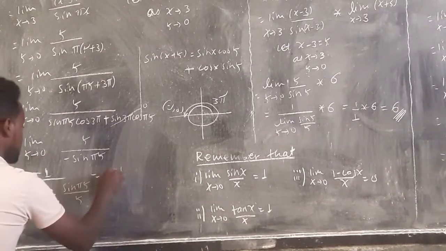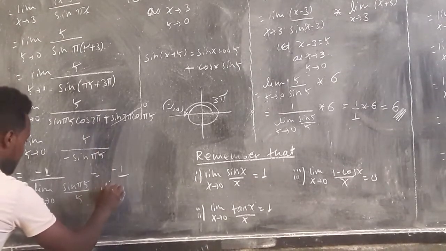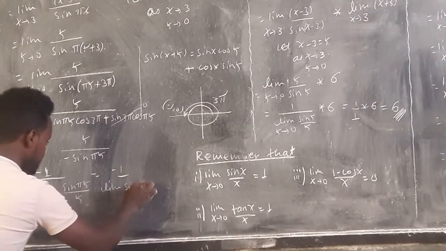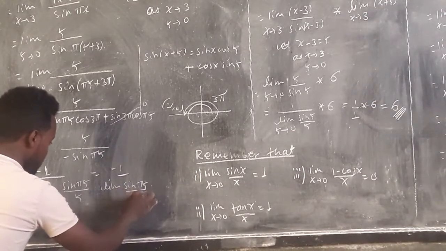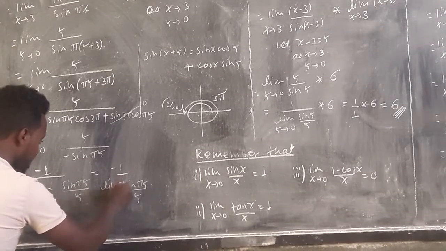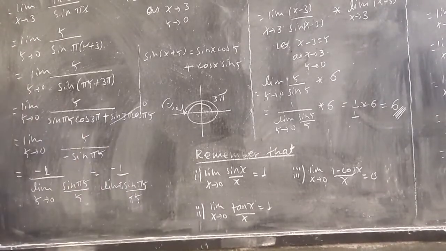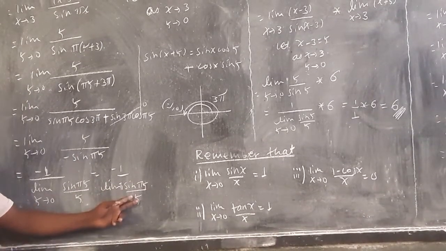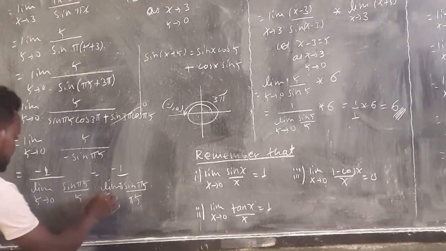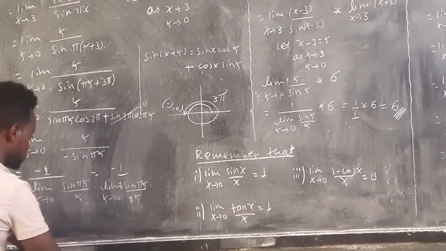So this is minus 1 over the limit of sine pi y over y, times pi, in order to make pi y, times pi, as y approaches 0.